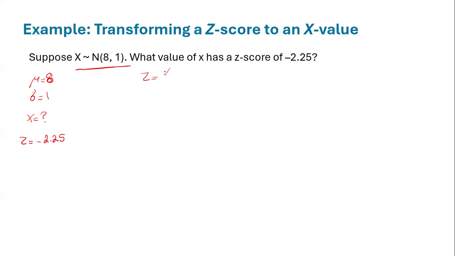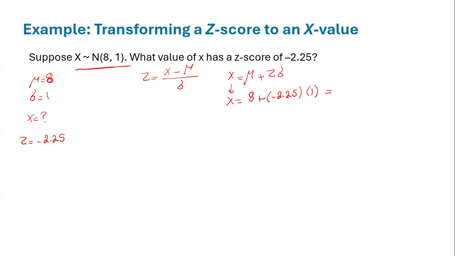You can use either of those formulas. It doesn't matter because they both represent the same formula, just a different way of writing. Since you want to find x, you can use this one. Mu is 8, z is negative 2.25, sigma is 1, and now I can find x.